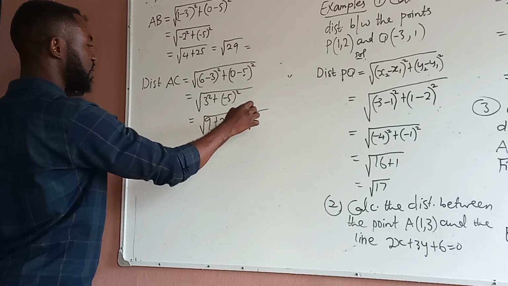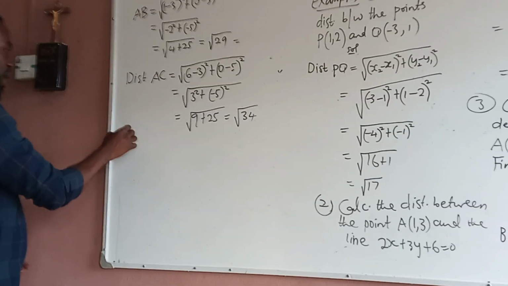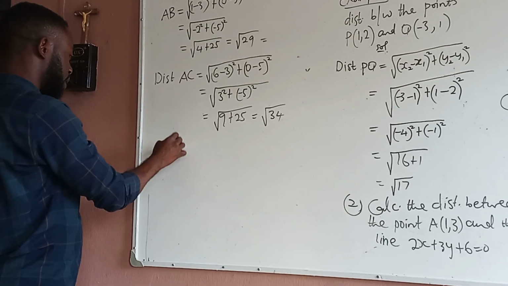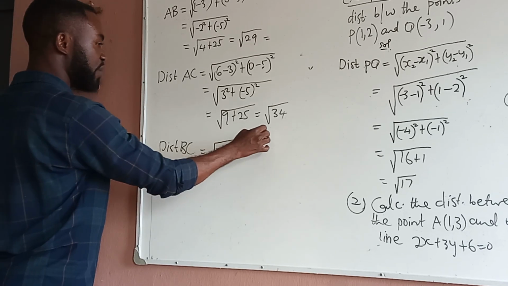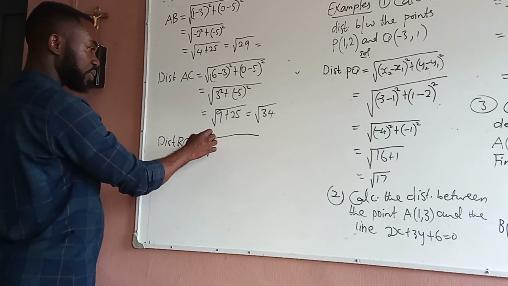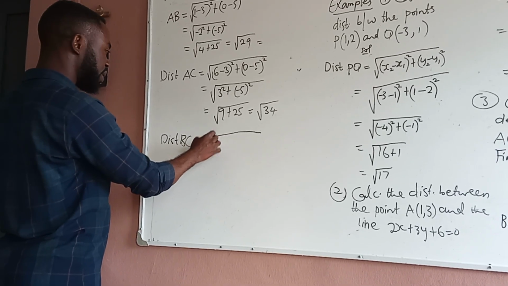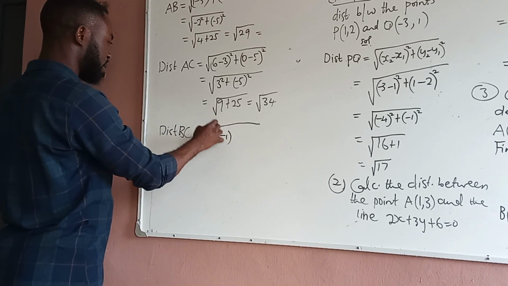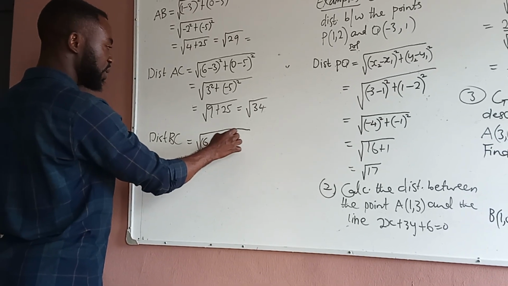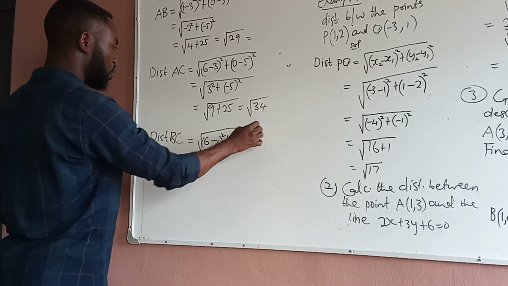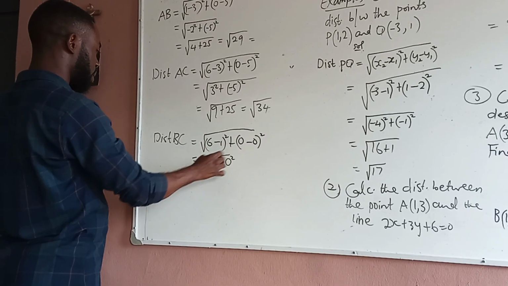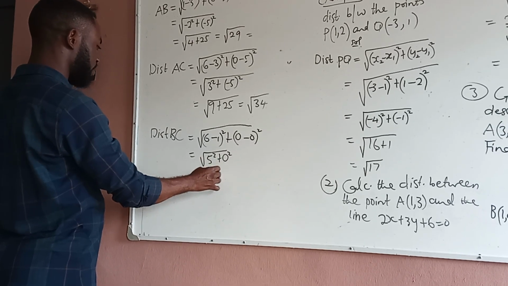Gives you square root of 34. And finally, distance BC, using the same method. X2, which is 6 minus x1, 1, squared plus y2, which is 0 minus 0 squared, gives us square root of 5 squared plus 0 squared, gives us square root of 25.